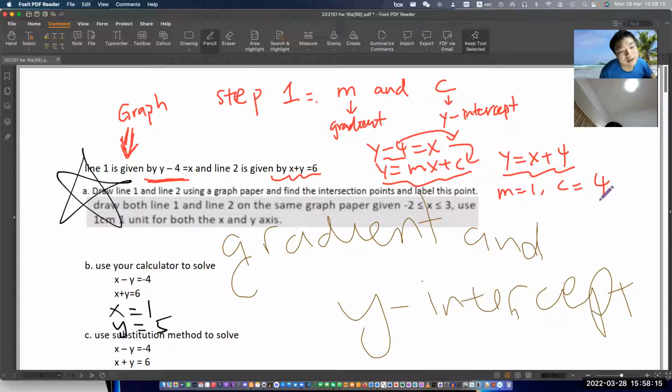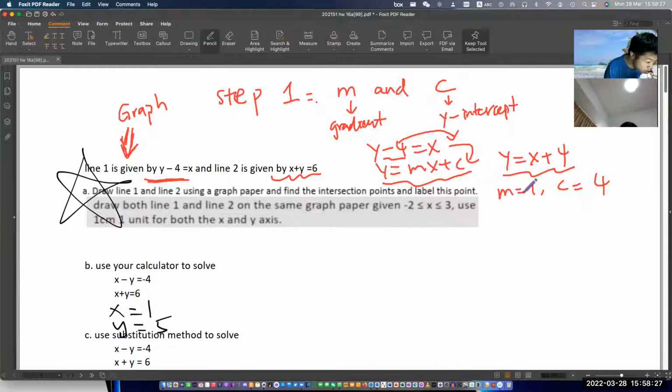So how does this gradient equal to 1, c equal to 4 help you graph out this line? Or does it help, or does it not help? So you know the gradient is 1 and the y-intercept is 4. Can you graph this out by knowing the gradient and the y-intercept?